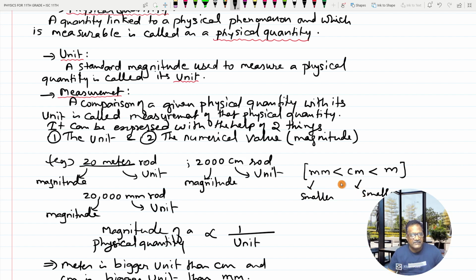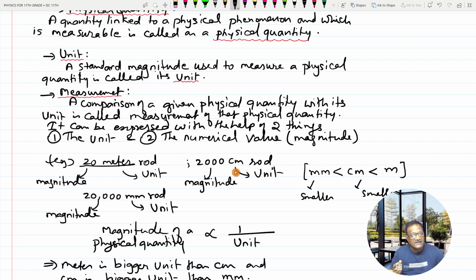Or the other way, when the unit is becoming smaller and smaller, the magnitude is becoming bigger and bigger. So here you can see that meter is a bigger unit, but the corresponding magnitude is smaller. Now when the unit has decreased, it has become smaller, from meter it has come to centimeter.